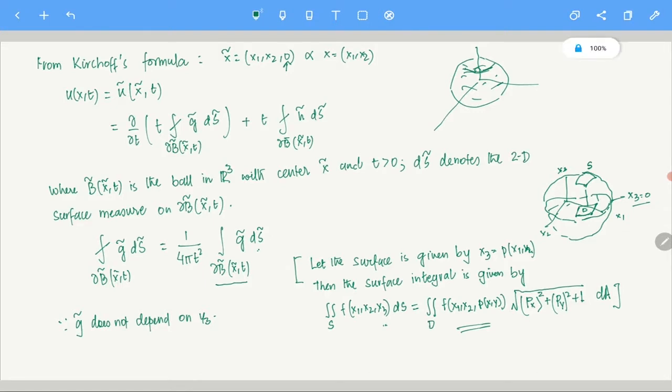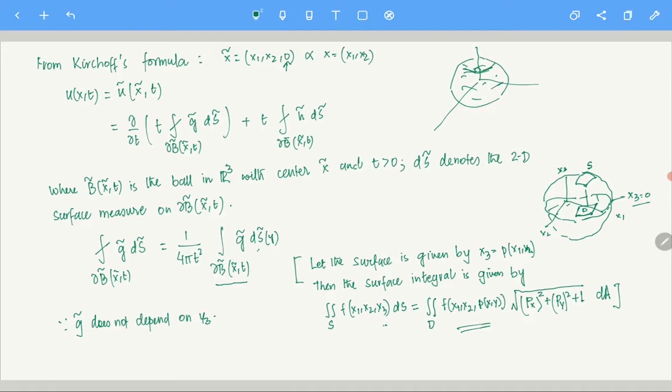So now, of course, what is y? This is with respect to y, dS_ỹ. I'm not writing all that. I hope you understood. So y is on the boundary of the ball. So y is (y1, y2, y3).